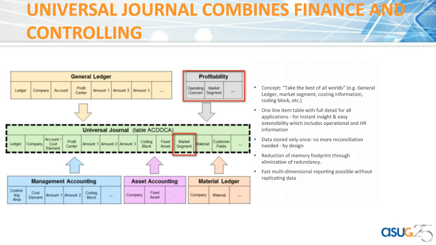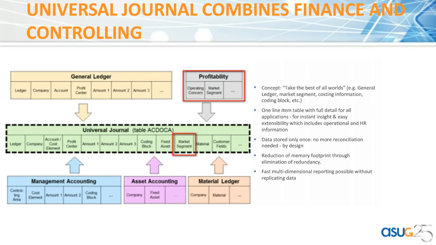And the beauty of this is that the HANA database has a different way of reading and storing data to make it possible to have this one massive table for reporting purposes. And this one massive table includes information that used to be found in separate tables in SAP. That's the really big excitement around HANA.